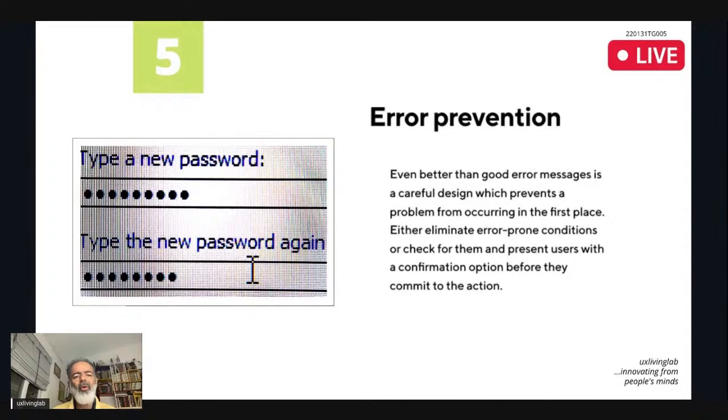So even if the user makes mistakes, the program will take care of it. Instead of giving the error later, look at bank account numbers and a lot of critical situations. When we want to take critical information, it's better to avoid errors and make some programming rules to avoid errors. So better than an error message is to carefully design to prevent the error.